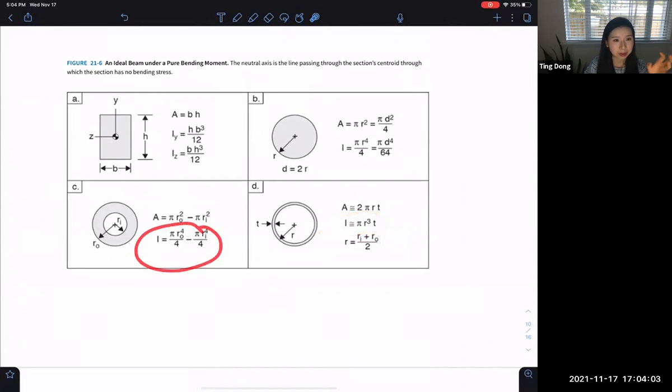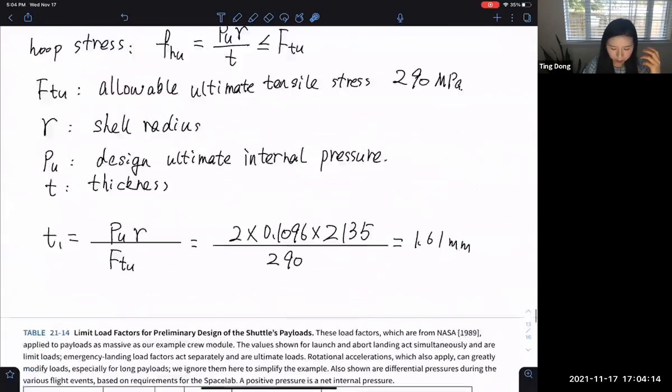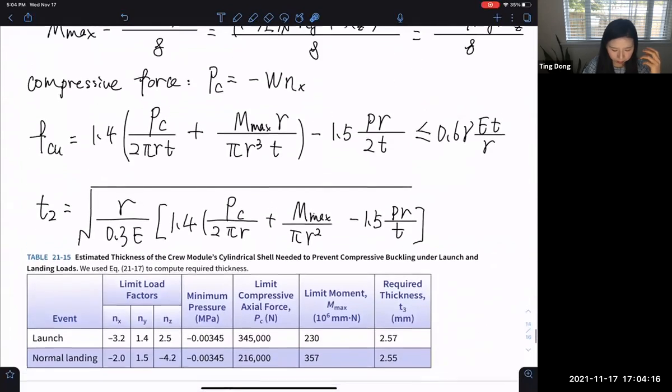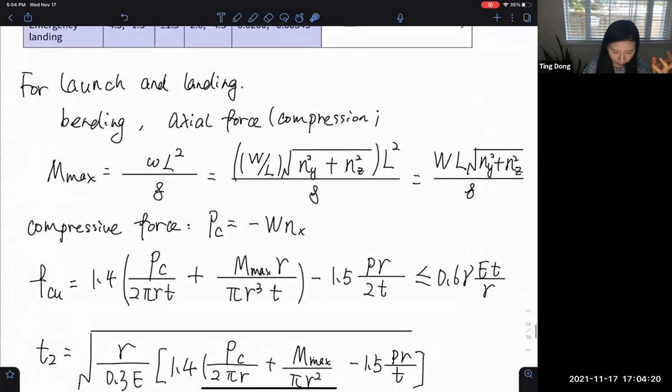If the thickness is relatively large, we need to use this one. But if the thickness is much, much smaller than the radius, we can use this one. For our example, the thickness is much smaller than the radius of the pressure vessel. So MC over I is the maximum compressive stress.